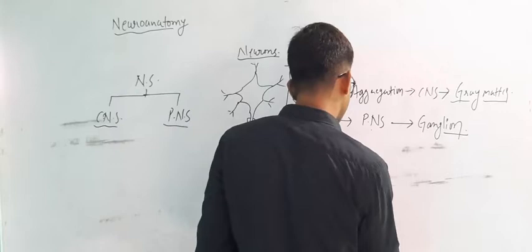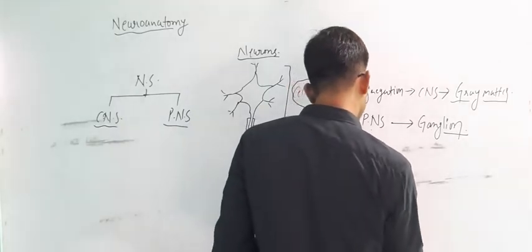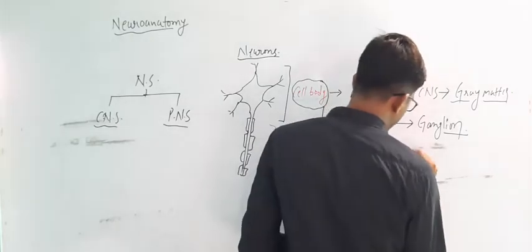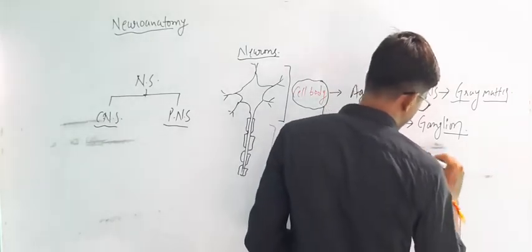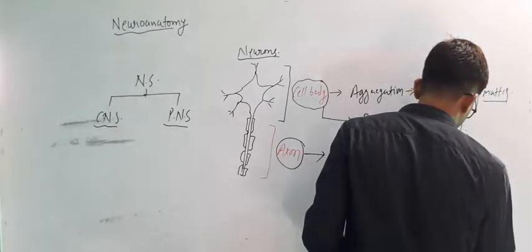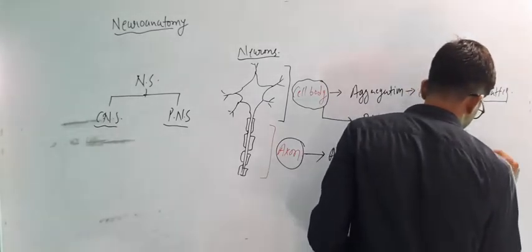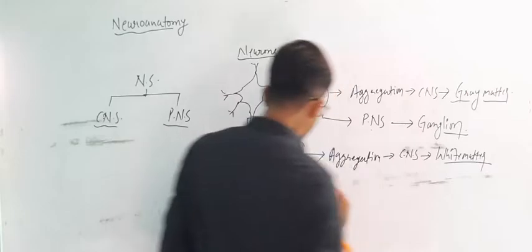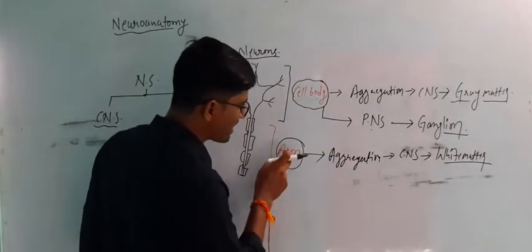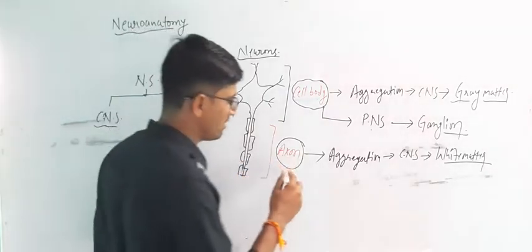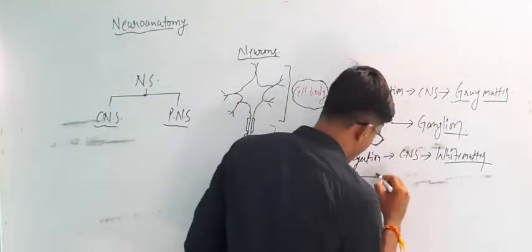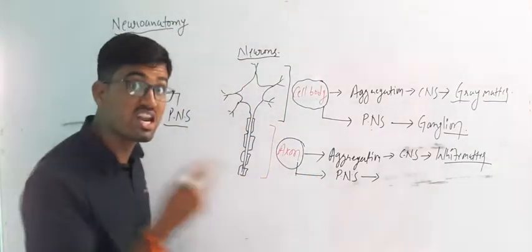And the bundle of axons in the peripheral nervous system, the PNS, is called a nerve.